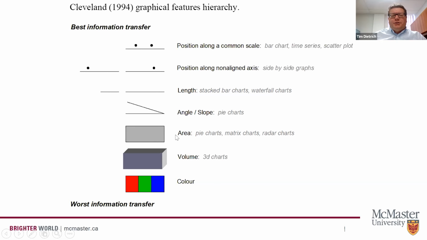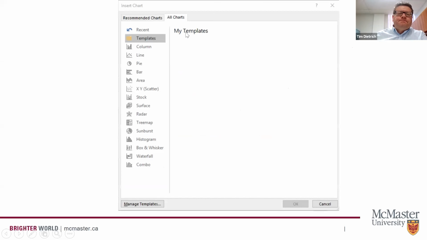the worst information transfer. And so down here, you see things like pie charts, stacked bar charts, and 3D plots. Obviously the effectiveness of those graphics starts to decrease significantly as you move down the axis in the lower direction. And so we're trying to select display tools that come from the top of this hierarchy.